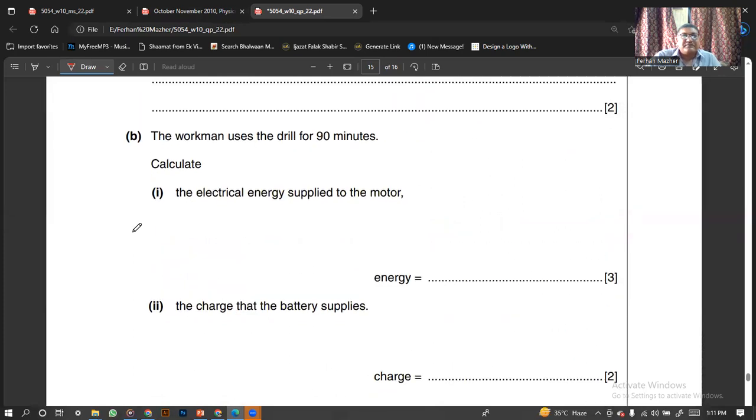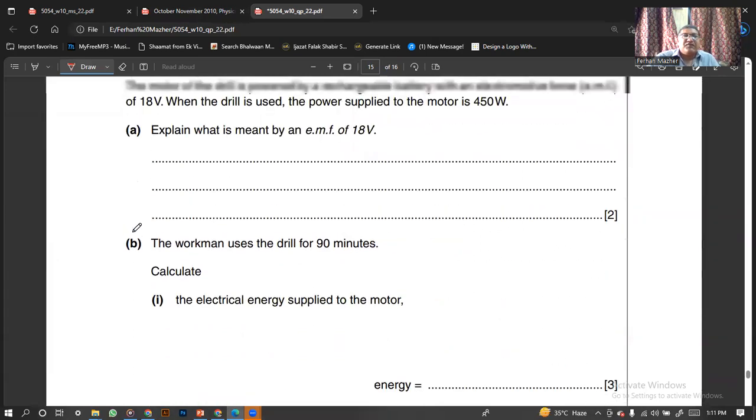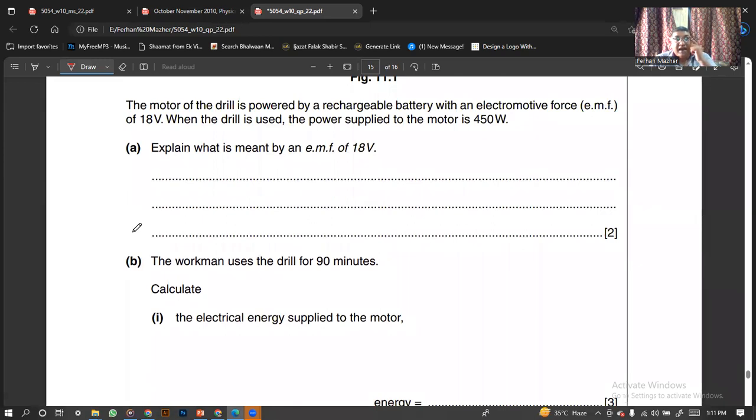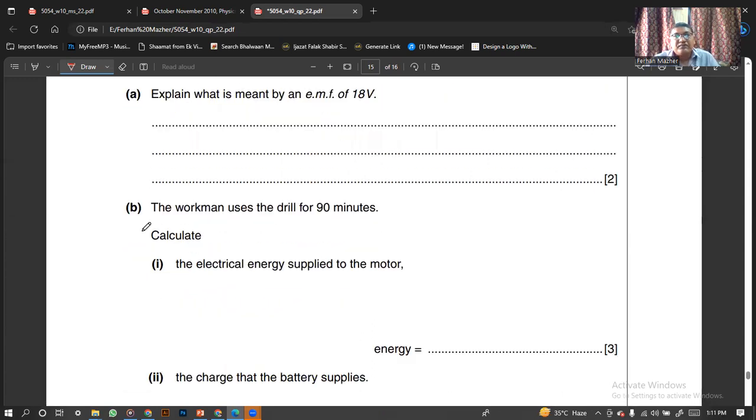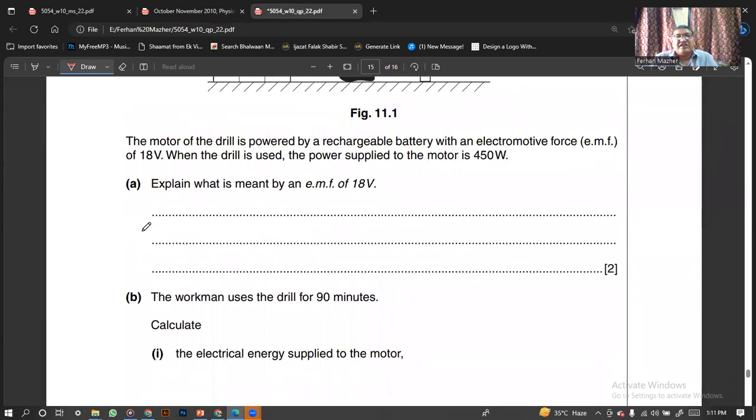And here we go. Question number 11B part. The workman uses the drill for 90 minutes. Calculate the electric energy supplied to the motor. The electric energy is power multiplied by time. The power of the electric drill is 450 watt. The time is 90 minutes.